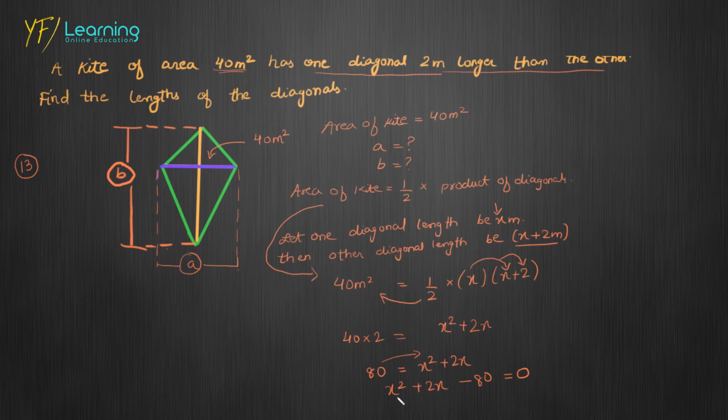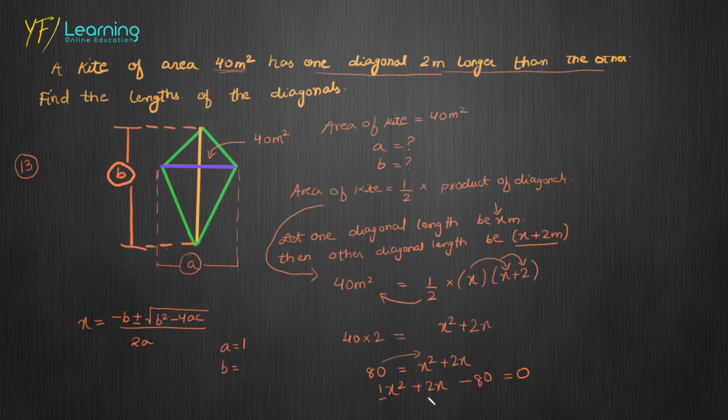So this is a quadratic equation, and you have to solve it using the formula x equals minus b plus minus square root of b square minus 4ac over 2a. The coefficient of x square is a, and a equals 1 in this equation.